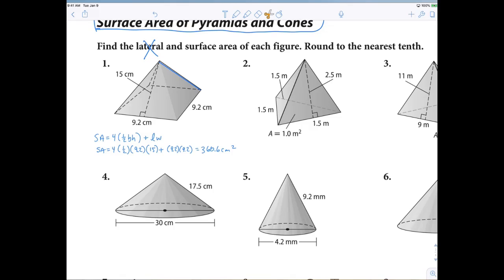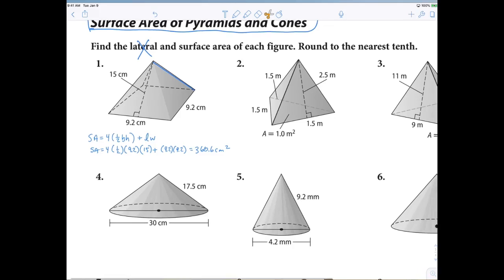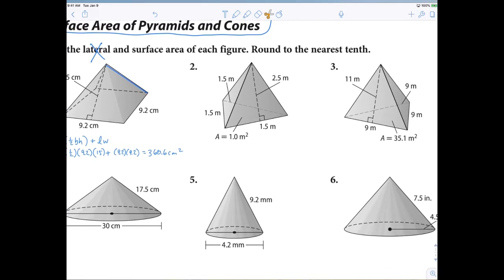Everybody okay? All right, now I'm looking at this. How many triangles are there? 4.